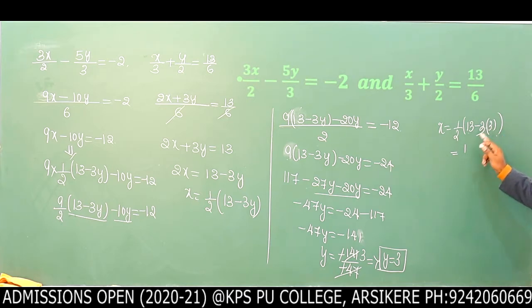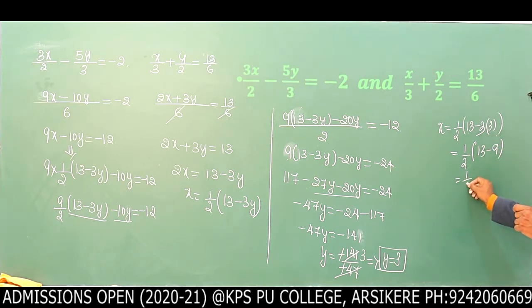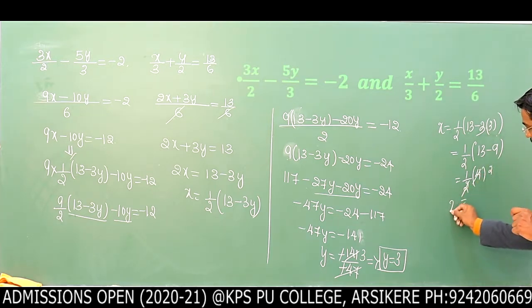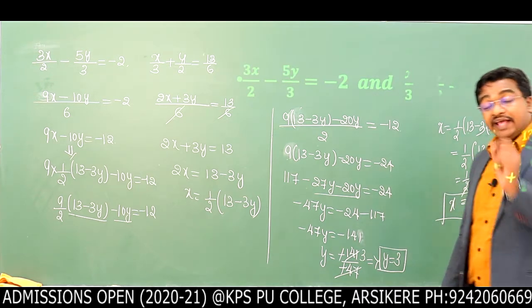So 3 is there, and the value of y is 3. This becomes 1 by 2 times 13 minus 9. So this will be 1 by 2 times 13 minus 9, which is 4. 2 ones are 2, the 2s get cancelled. We are left with x value 2. The value of y is 3 and the value of x is 2.